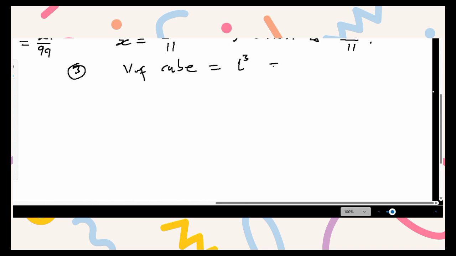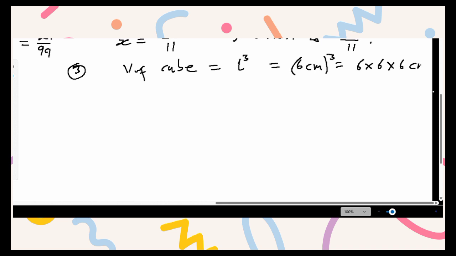and we were given that a side of the cube is 6 centimeters. That is going to be 6 centimeters cubed, right? So we're going to multiply 6 by itself 3 times.